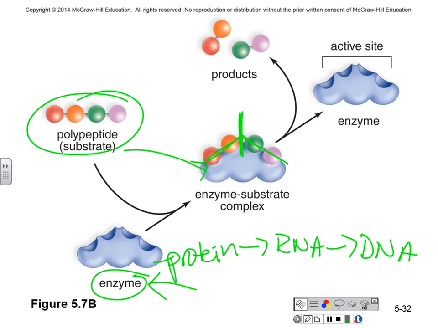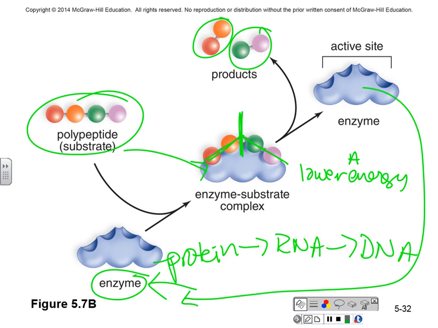That's what they mean by lower the energy necessary, and sometimes they call it the activation energy. Now we have products, and our enzyme can actually go and be used again. So in this one, we went from a 4 molecule to two molecules, right?